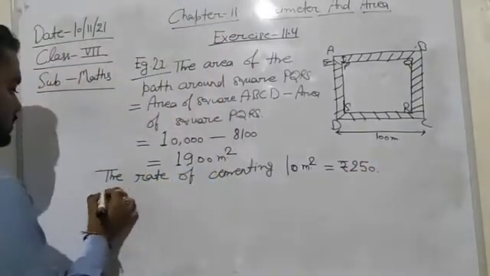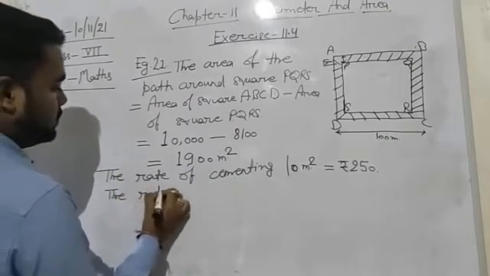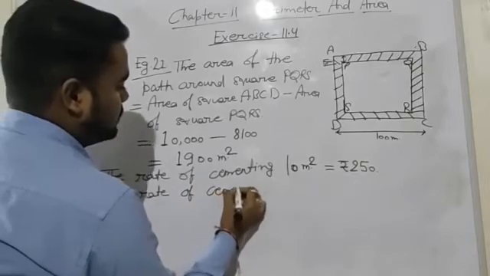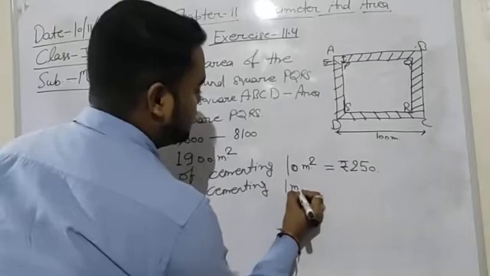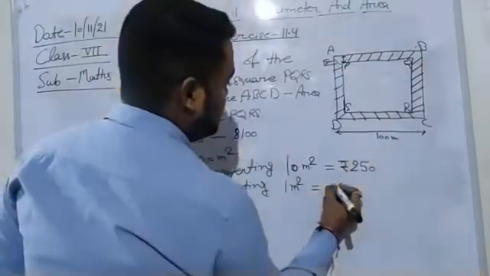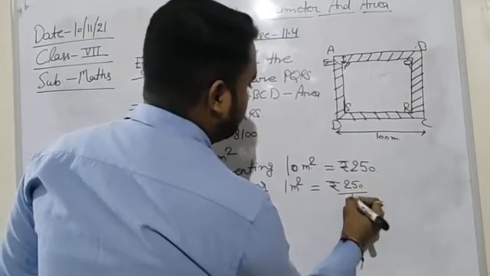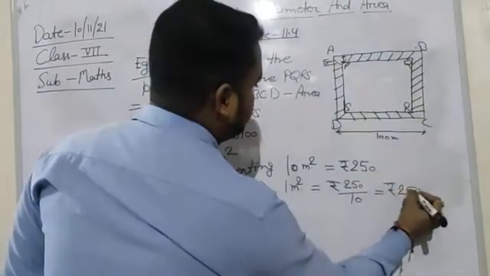So from here, what is the rate of cementing 1 meter square area? That is rupees 250 upon 10, that is rupees 25.